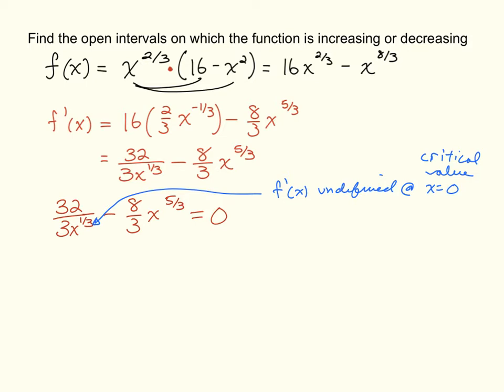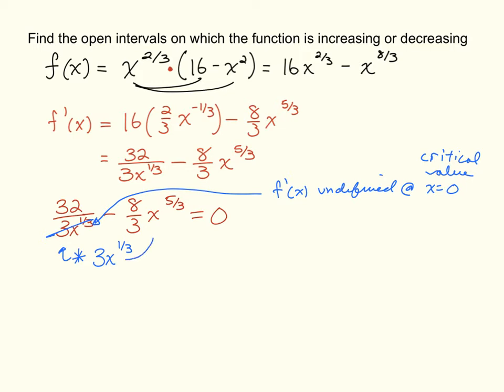As we go through and solve this equation for x, I will need to multiply all terms by 3x to the 1/3 power, and that'll just make life a heck of a lot easier. When I multiply that to this first term, it will cancel out the denominator.